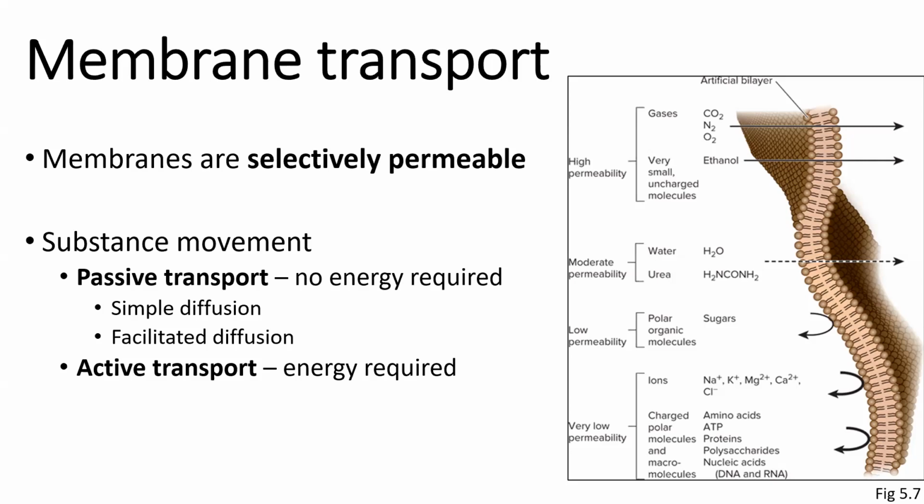Sodium, potassium, magnesium, calcium, chloride, manganese, chromium, iron, all those require a transmembrane or integral protein. What else? How about amino acids that we need to build proteins? ATP that we use for energy. Proteins. Proteins are huge, huge molecules.